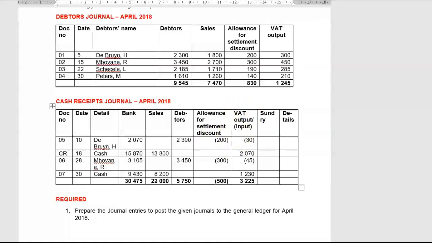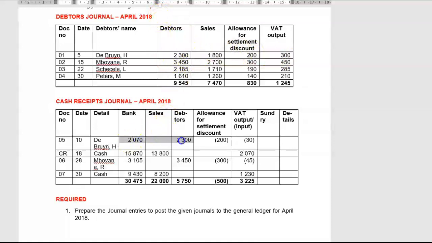Now let's check the cross-casting. 2,300 less 200 equals 2,100, less 30 is 2,070, and that is the amount that we have received in the bank. So can you see that every transaction must be the full transaction and it must cross-cast back. So there must be a balance there to 2,300.